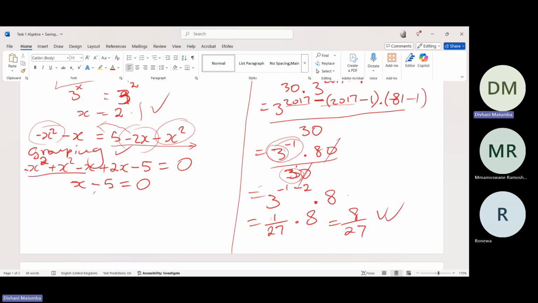So what do we do now? How do we solve for x? We transpose 5 to the other side. Perfect.